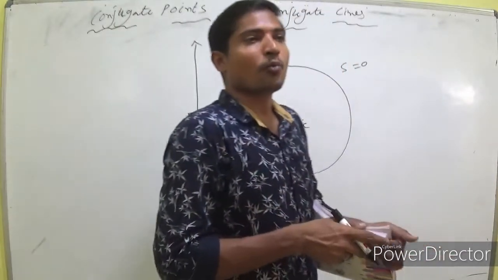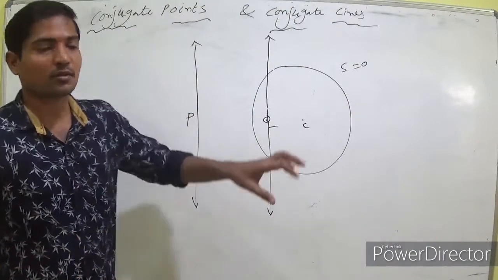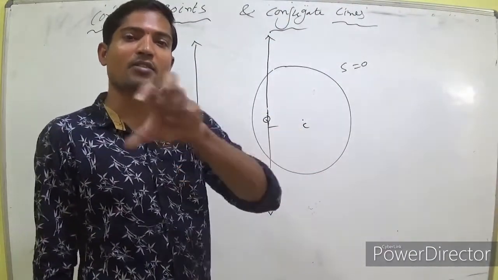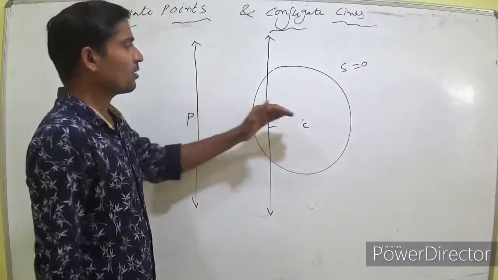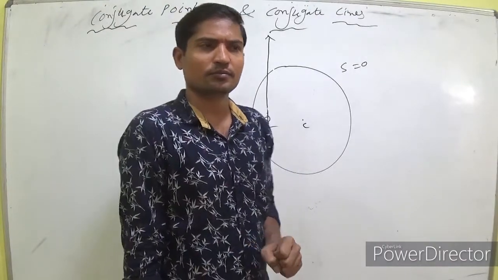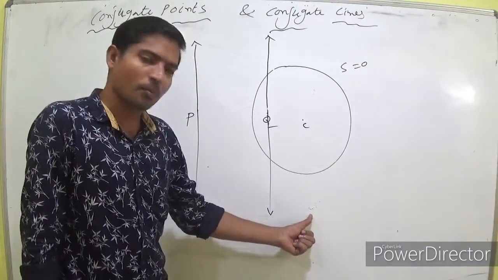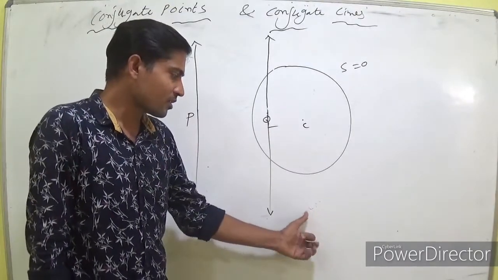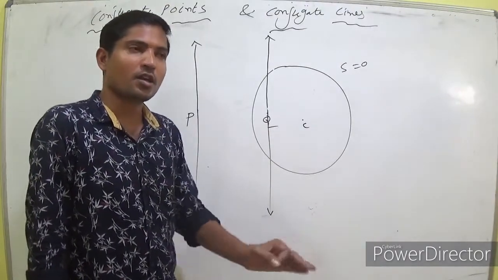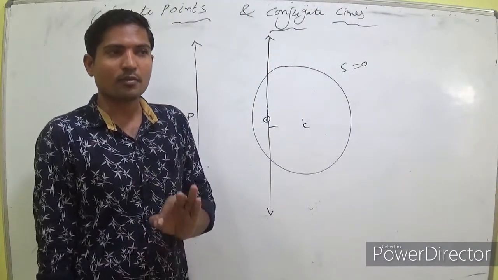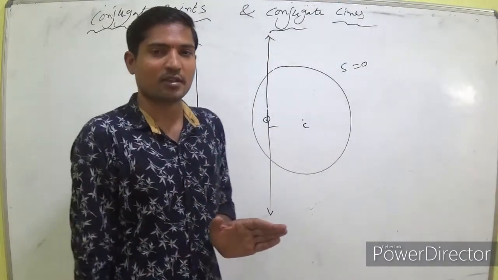If a pole is external to a circle and polar passes through the circle, which becomes a chord. So pole is the external point of a circle, and polar passes through the circle, then which becomes a chord of a circle.